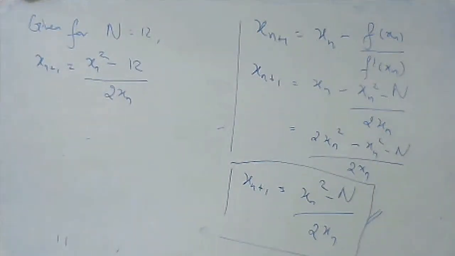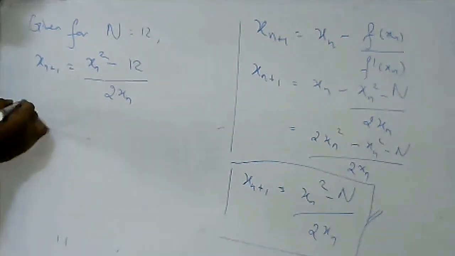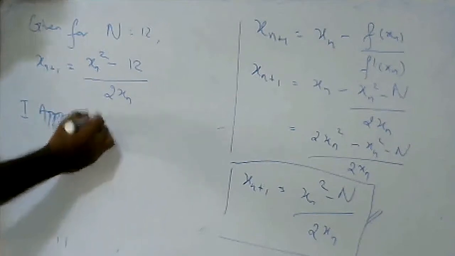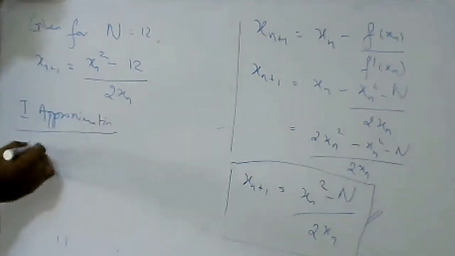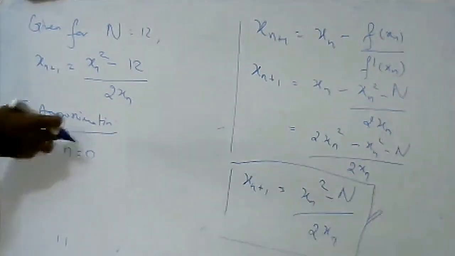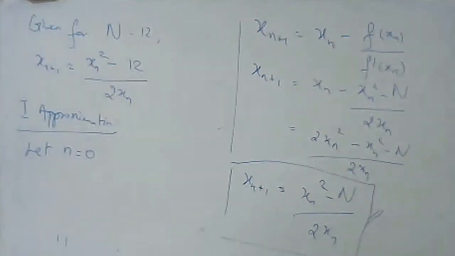Now the first iteration, or first approximation, is: let n be equal to 0. Substitute here.